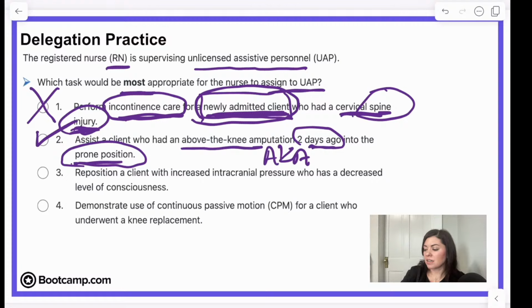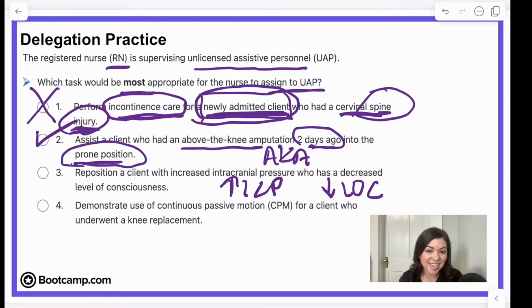So repositioning a client with increased ICP who has decreased level of consciousness. So although repositioning seems like a routine task, anytime we are repositioning a client that has increased intracranial pressure or is at risk for increased intracranial pressure, do you guys still think it's a routine task? What do you think?